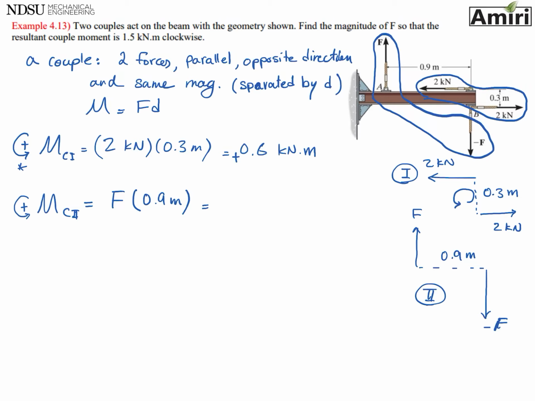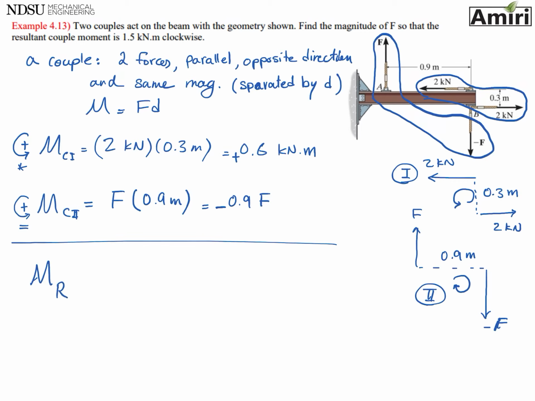So this one is going to be 0.9 F. If you think about this as a steering wheel of a vehicle, the way it's rotating is going this way, which is against the sign that I agreed on. So I'm going to put a negative next to it.